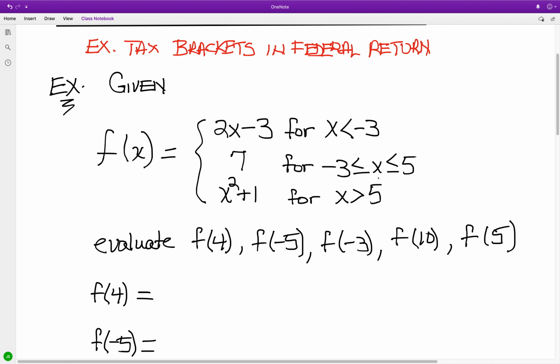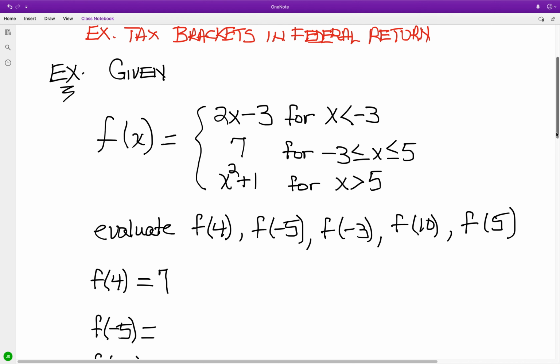Now 4 lies between negative 3 and 5. So what would the y value be in this case? This would be the portion that precedes the inequality, which in this case is 7. So whenever x is 4, the corresponding y value is f of 4 equals 7.